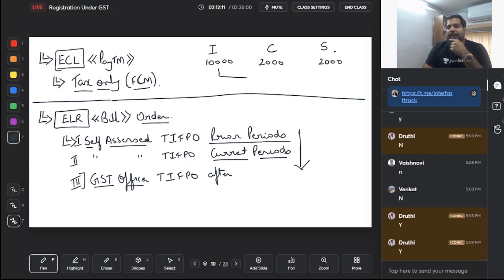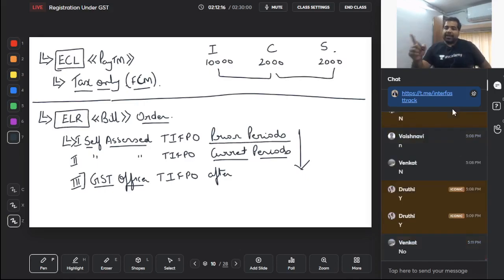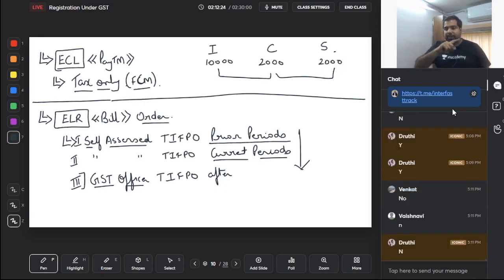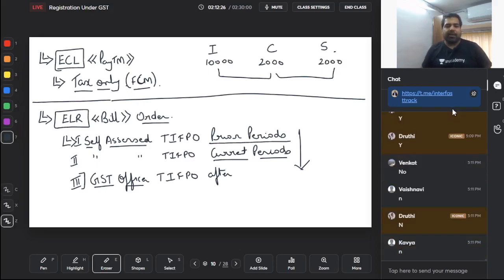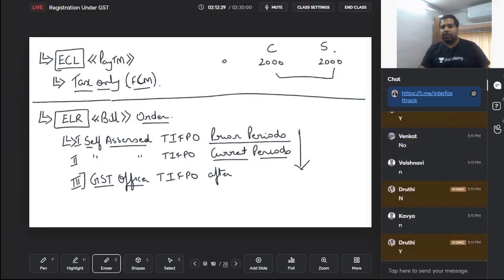Can you move the credit from one to the other? No, credit you cannot move. Cash ledger you can move, guys. Guys, can you move your Paytm account to MobiKwik? No, you can't. But can you move your HDFC money to ICICI money? That you can, yes. So cash ledger you can move, but credit ledger you cannot move.